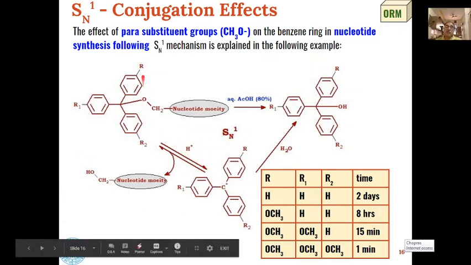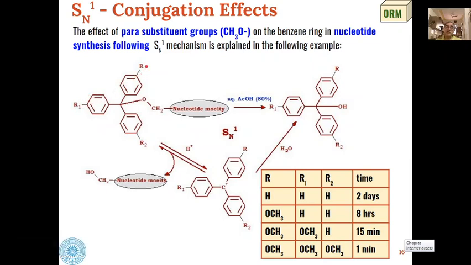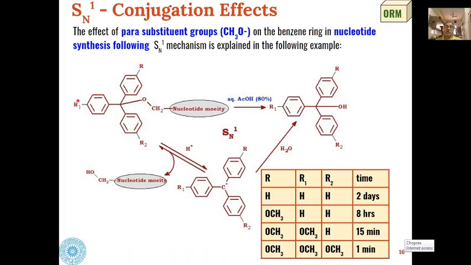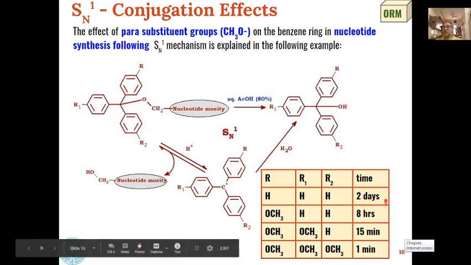Now when this aromatic ring is substituted by substituents at the para position, we can see the rate of the reaction. When all these R1 and R2 are hydrogens, that means the para position is not substituted, then the reaction takes place in 2 days.